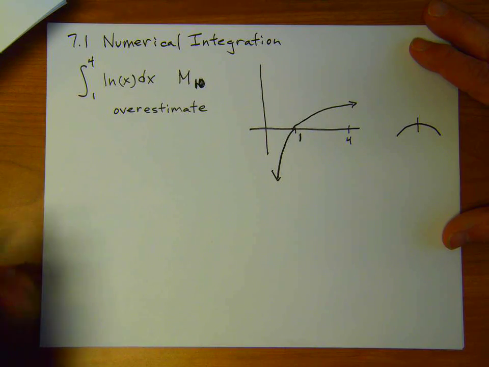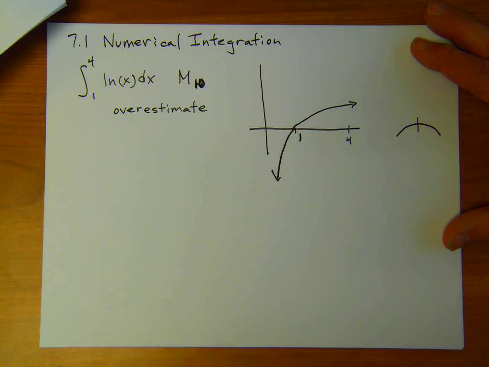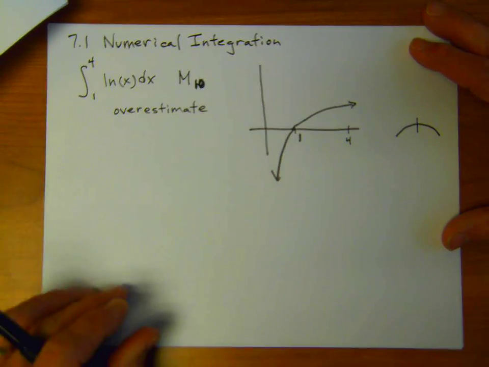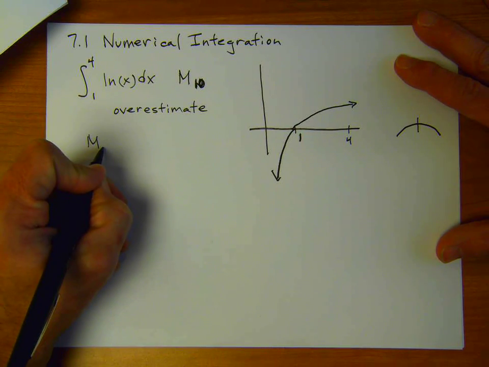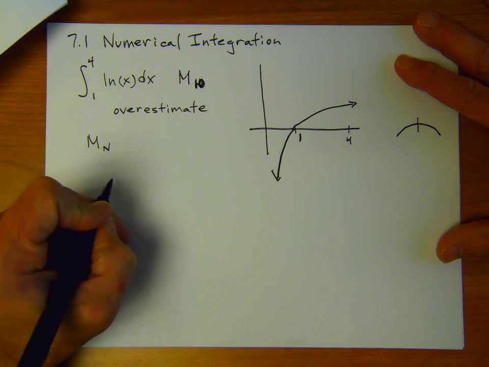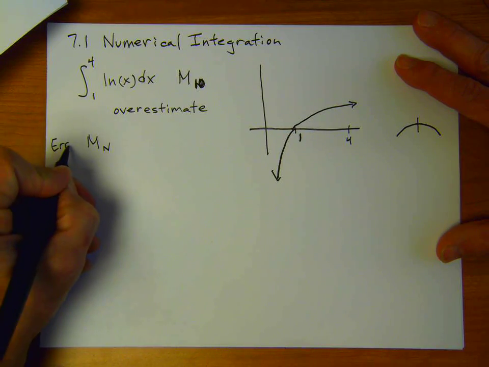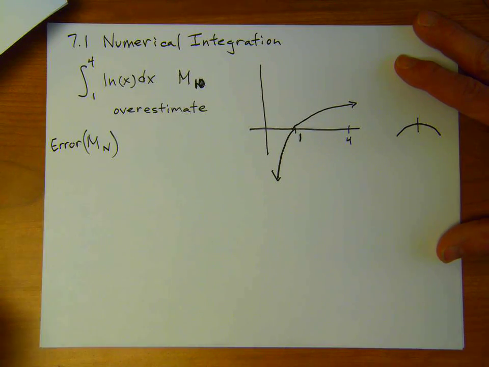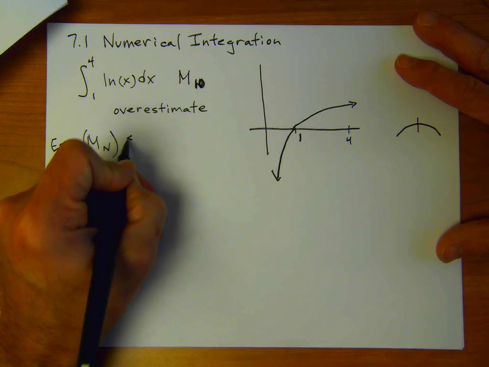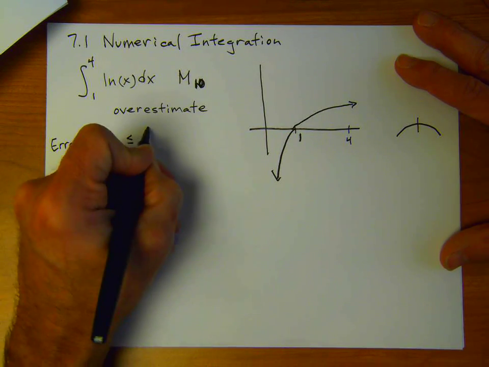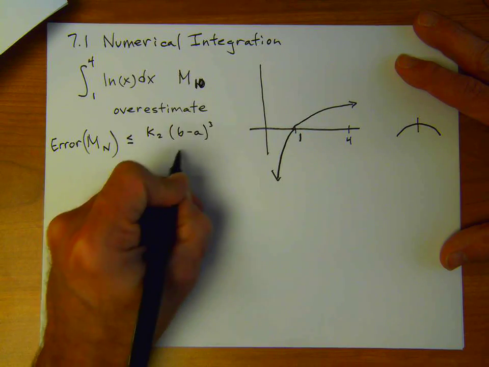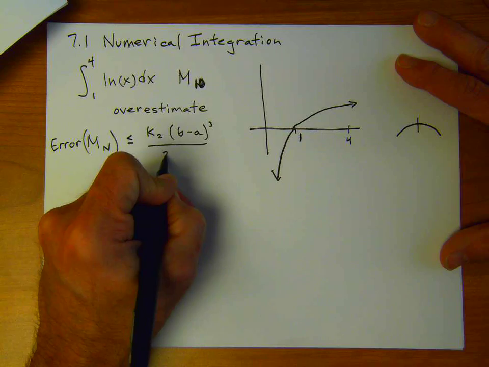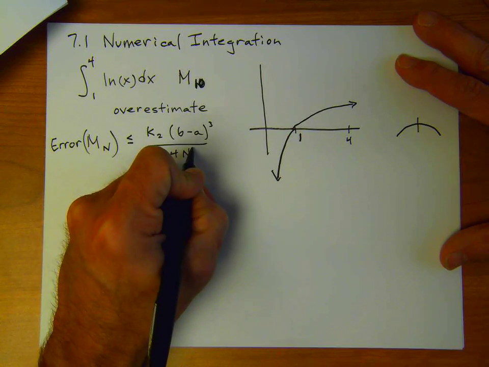Either way is fine. The other thing that they wanted us to do is to find a bound for the error. So they want us to use our error formula. The error for the midpoint rule with n rectangles, an upper bound for it, is no larger than K2 (b minus a) cubed over 24 n squared.